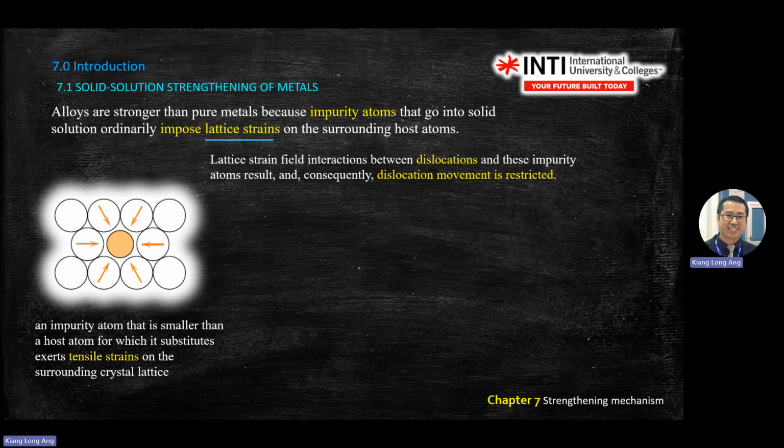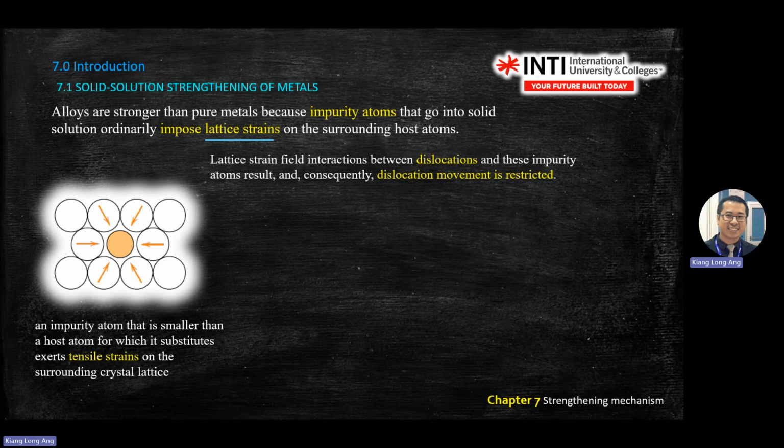Okay. So opposite of this case is not tensile, but compressive strain. What I mean by compressive strain? When you have an object which is bigger than the host or solvent. Okay. Now, Hume-Rothery rules tell that you should be able to contain the size of the radius within 15% of the host.